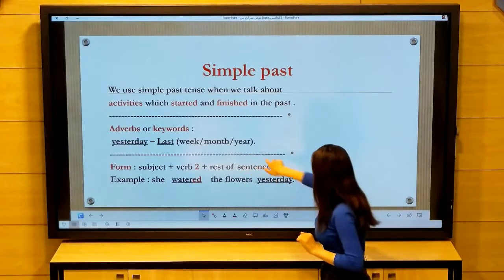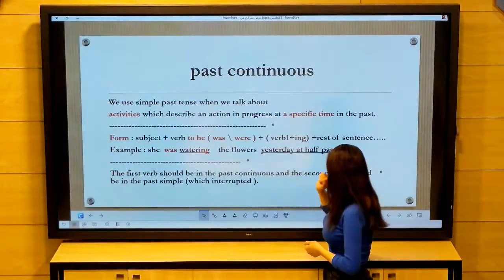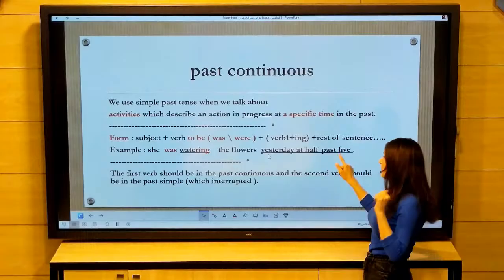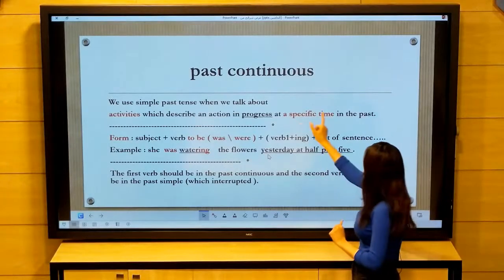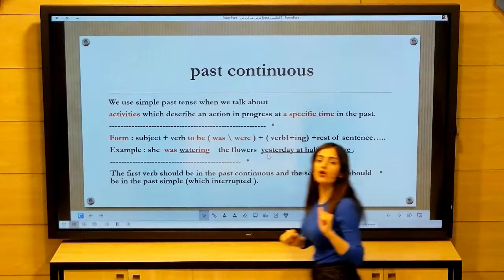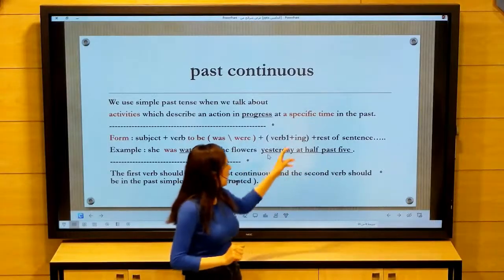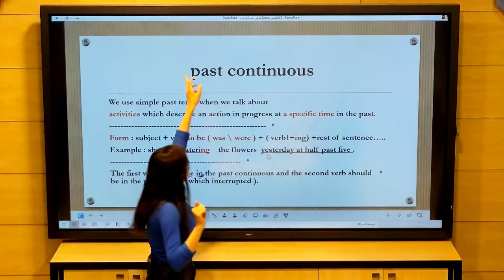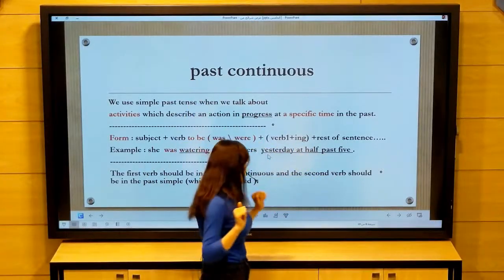But here, look, we have yesterday at 5:30. We have here a specific time. When we talk about a specific time in the past, we use past continuous, okay?